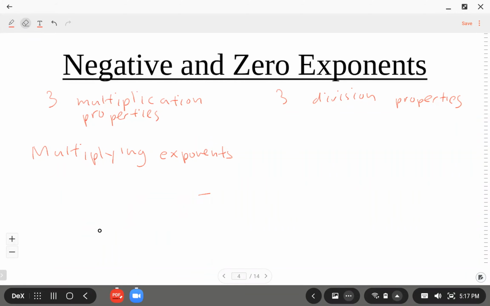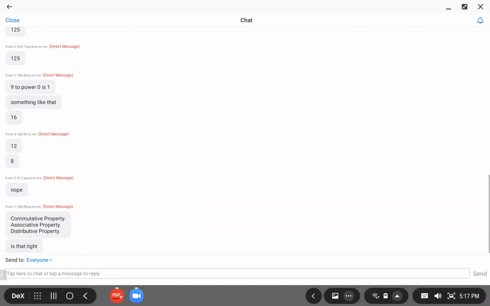Our next multiplication property. Does anybody want to take notes? Okay, Reza. Commutative property, associative property, and distributive property.